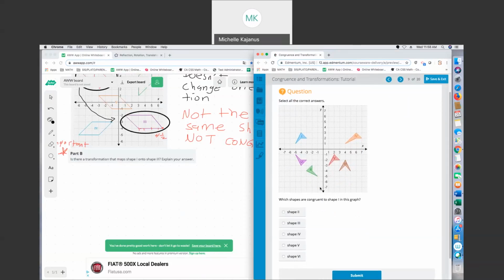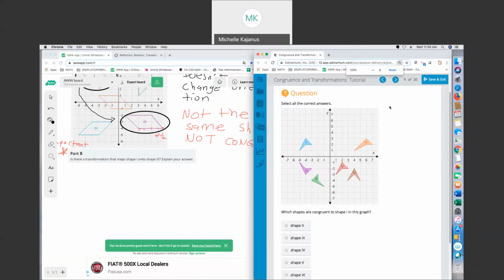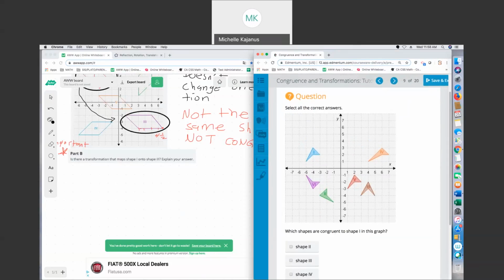Try this one. Which shapes are congruent to shape 1 in this graph? Okay, so for now, I'm gonna zoom it in. Shape 1, which ones are the same? Some of them are just turned in a different way. This one looks kind of like this one. Not the same.